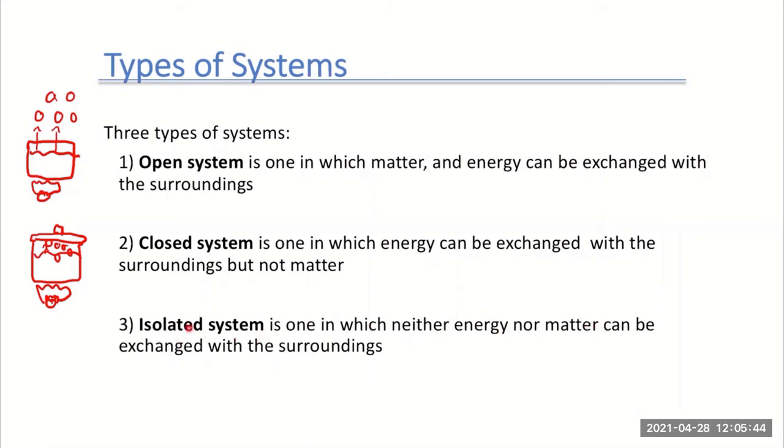An isolated system is one where neither energy nor matter can be exchanged with its surroundings. Isolated systems are kind of hard to create, but the closest one you can really think about is your coffee thermos. So let's say you have your thermos.